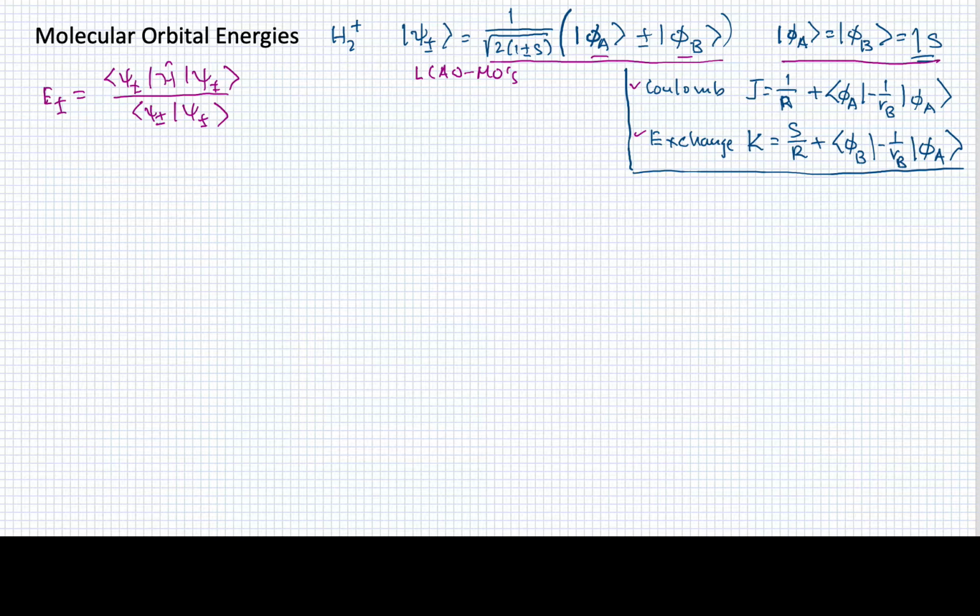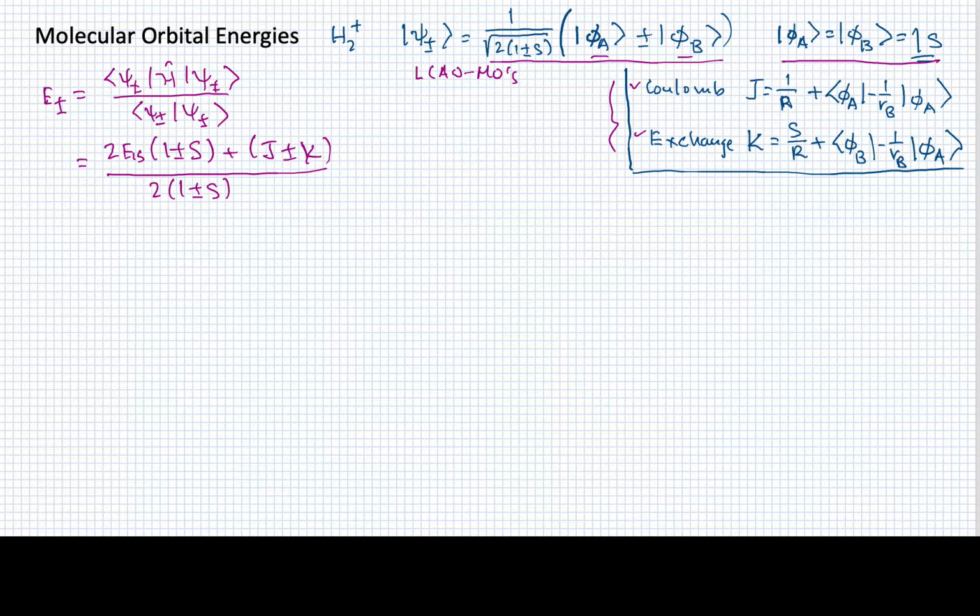And now we can write this out, as we have in previous videos, as 2 times E sub 1s times 1 plus or minus S plus J plus or minus K, where these are the Coulomb and exchange integrals. So these are key elements in determining the energy of our overall molecular orbital. Now this is going to be divided by the overlap function, so it's 2 times 1 plus or minus S.